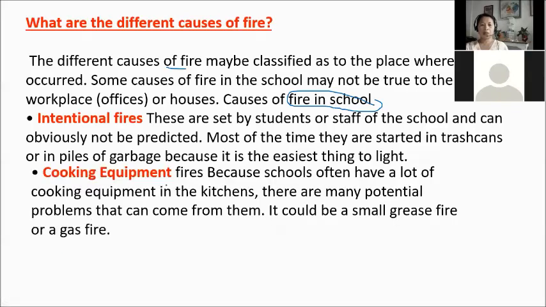Next is cooking equipment. So because of schools often have a lot of cooking equipment, especially in the home economics, no? There are many potential problems that can come from them. It could be a small grease fire or a gas fire.